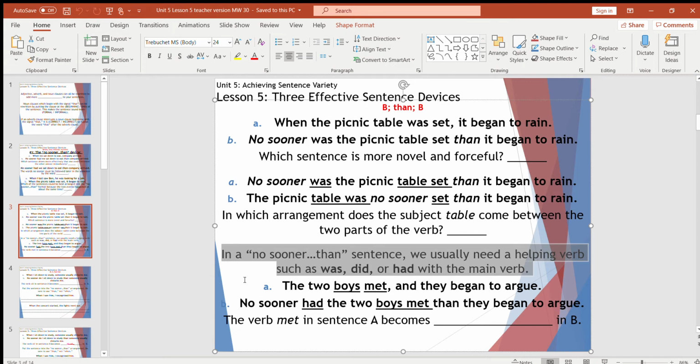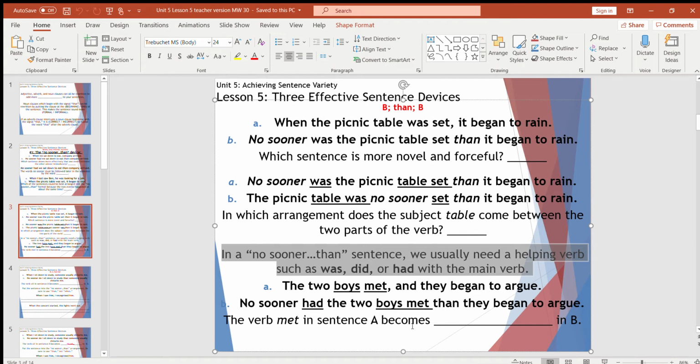In a no sooner ... than sentence, we usually need to include a helping verb with the main verb. So any form of be, like was or is, any form of do, like do or does, did, and any form of have, like have, has, had, those types of words are helping verbs.